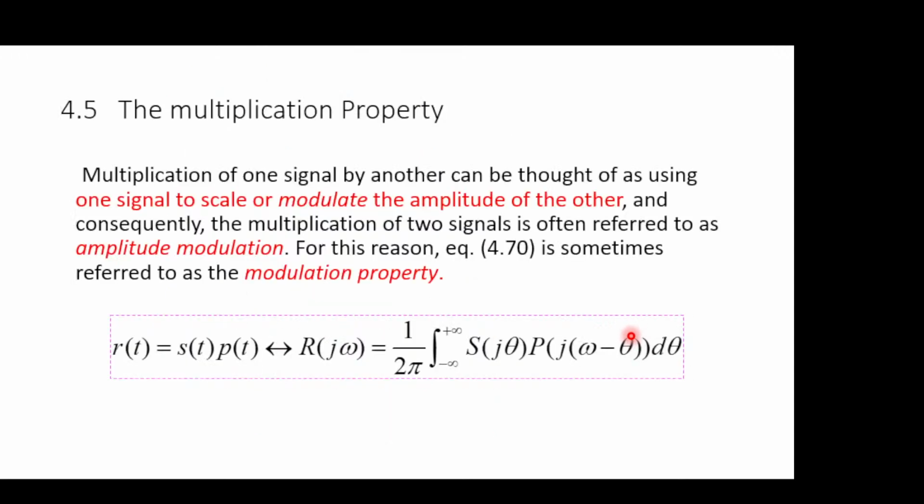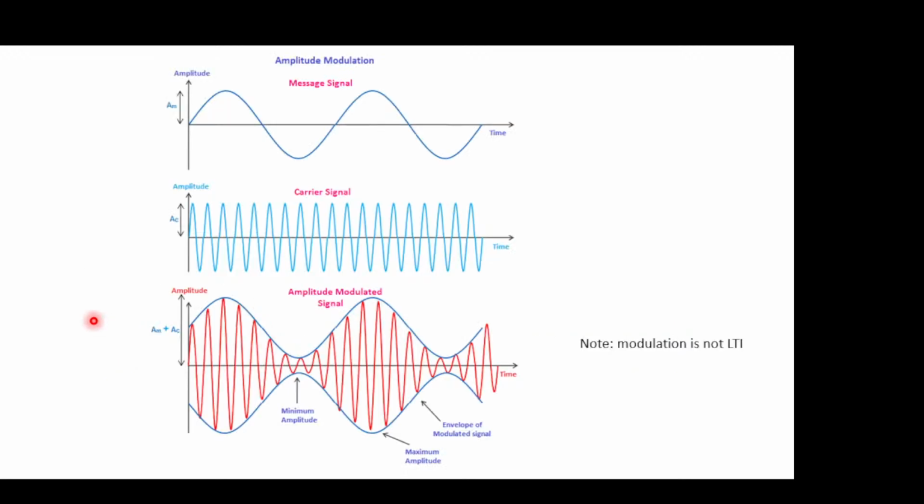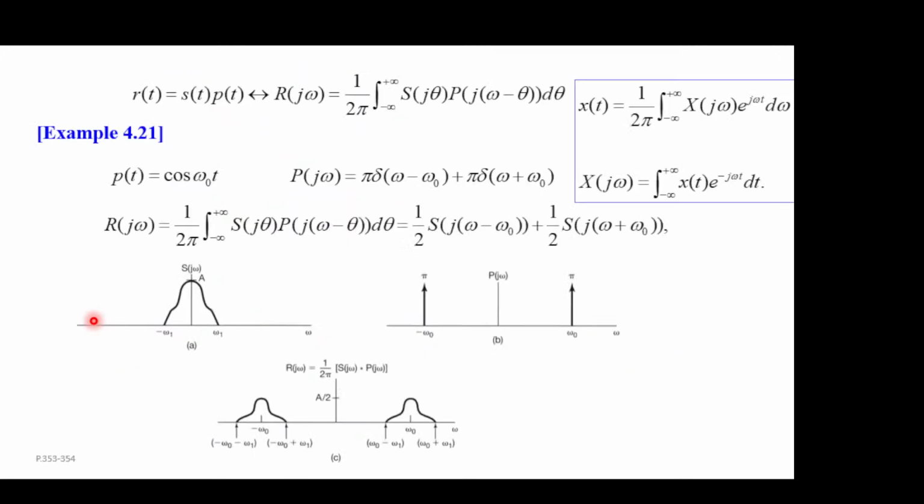And that's why this relationship is also called the modulation property. So why do we want to do this modulation? We can see what this modulation actually does when we go to the frequency domain.